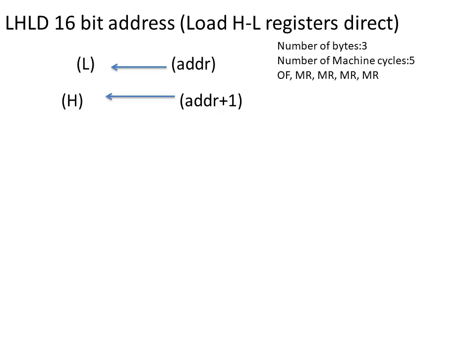If you compare the LDA instruction and the LHLD instruction, one more machine cycle has been added because it is going to perform 2 memory reads in the execution part, and in the LDA instruction it was only 1 memory read in the execution part. That is the difference.